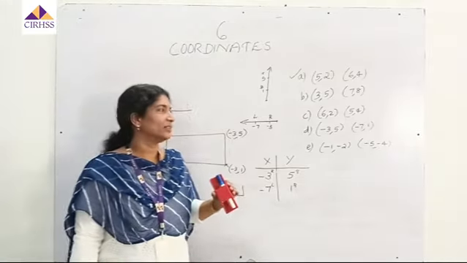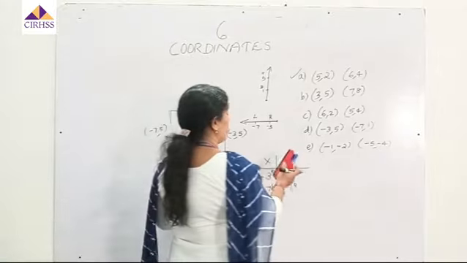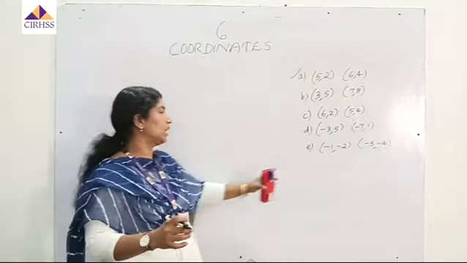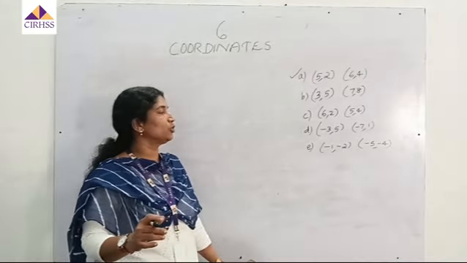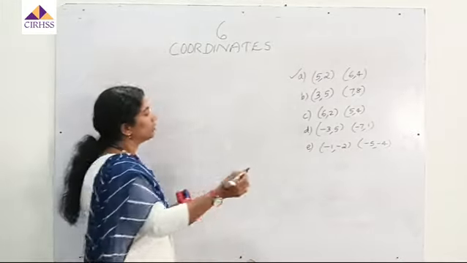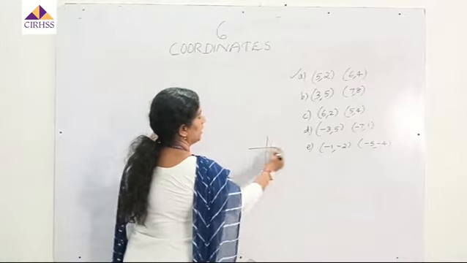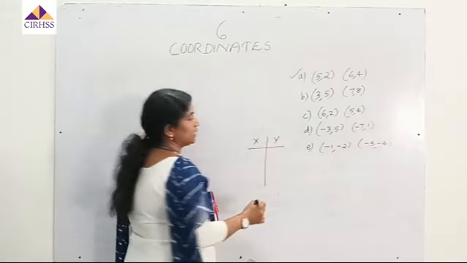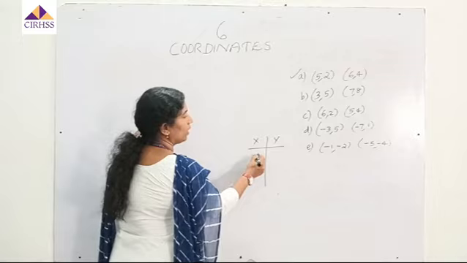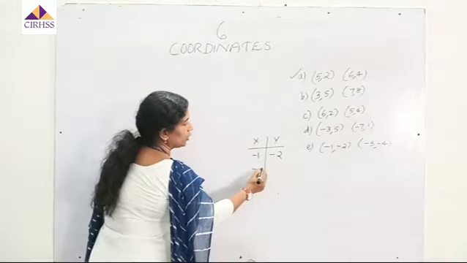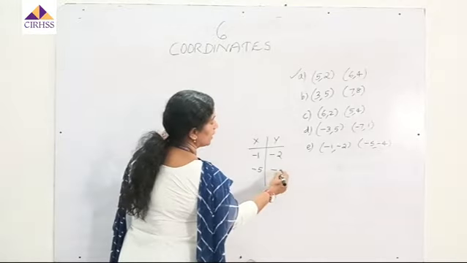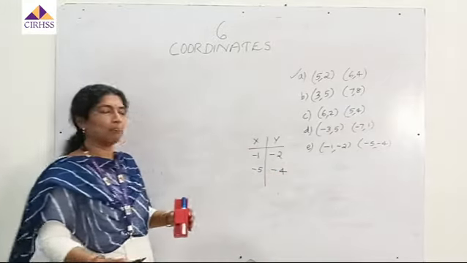Okay. Is it clear? Next, one more. Take the last one, negative 1, negative 2 and negative 5, negative 4. Then take x coordinate and y coordinate. X negative 1, y negative 2, x negative 5, y negative 4. Okay.